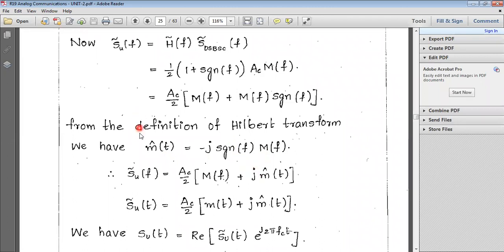But already we have Su of f equal to this equation. Put equation numbers. Now substitute in place of M of f and the signum function.